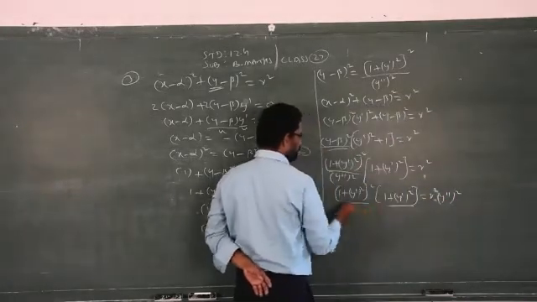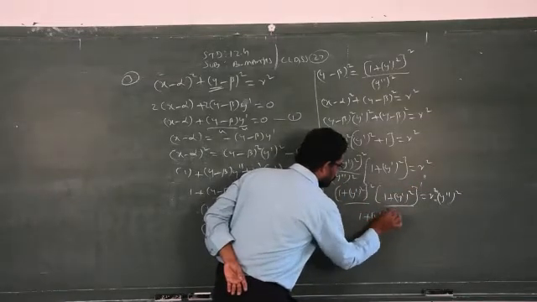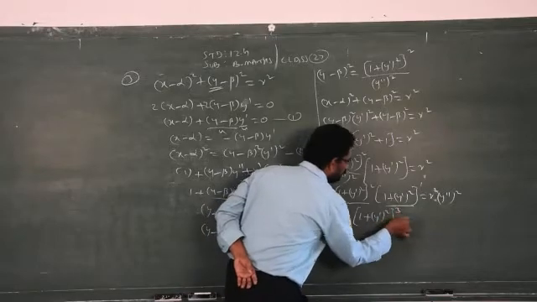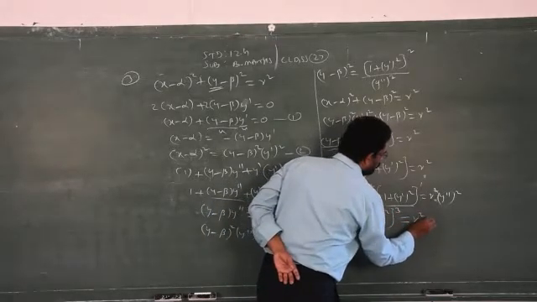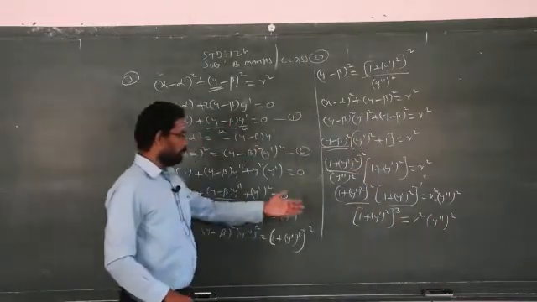Now you see the bases are same, so you can add the powers. You get (1 + (y')²) to the power 3 equals r² (y'')². So this is your required answer.